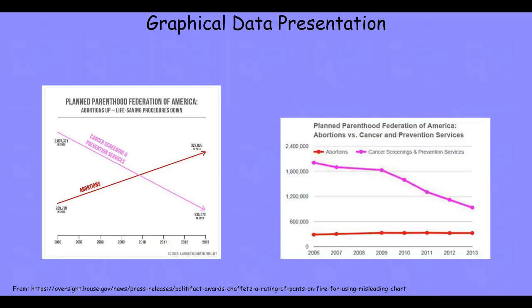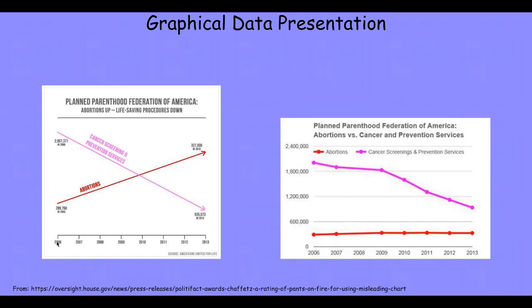Here's another example of how inappropriate or malicious scaling can distort people's perception. So this is a graph that was presented during a House Oversight Committee hearing on Planned Parenthood and what Planned Parenthood was up to and whether or not they deserve funding.